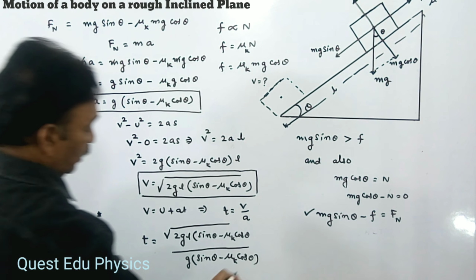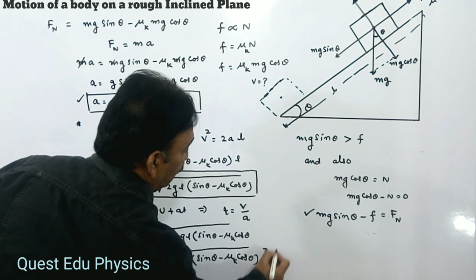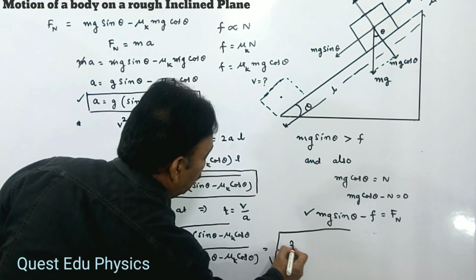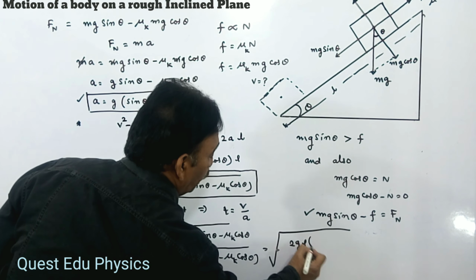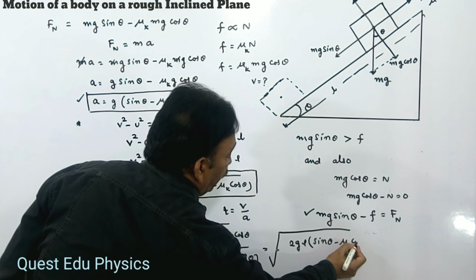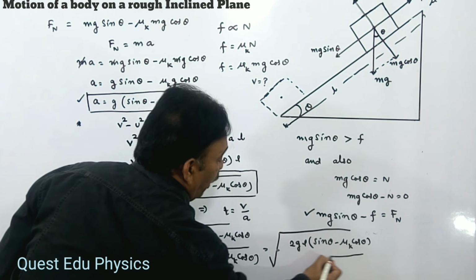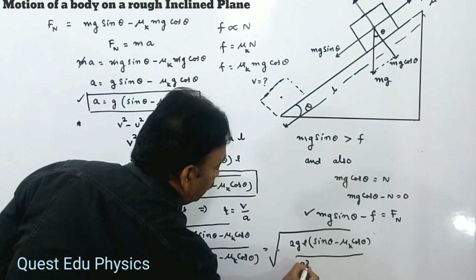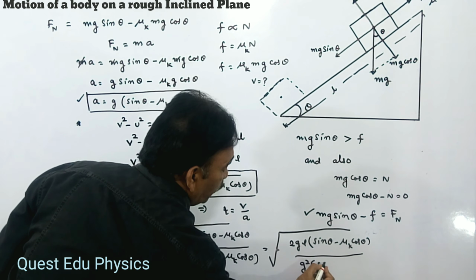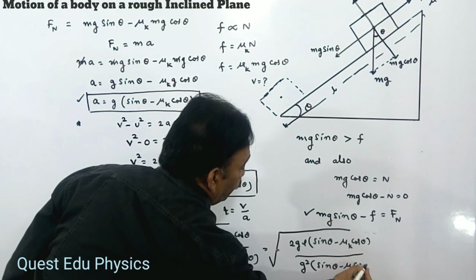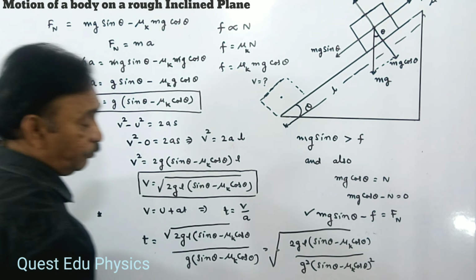Okay students, it can be further written as under root of 2gl into sine theta minus mu k cos theta by, we bring it under the root, g square into sine theta minus mu k cos theta whole square.